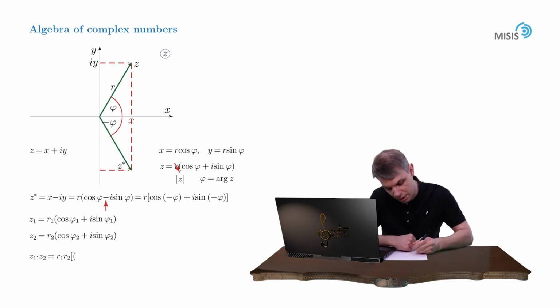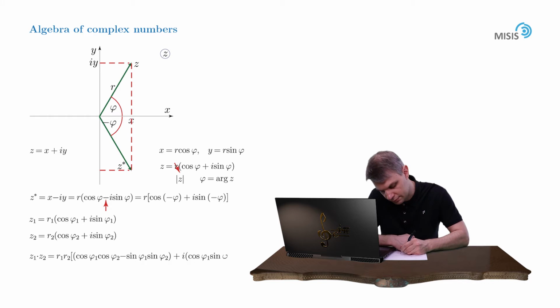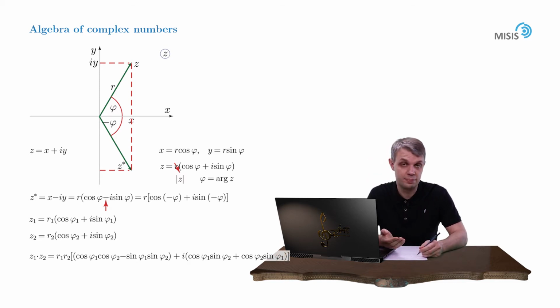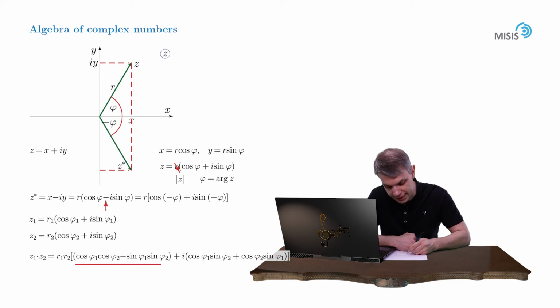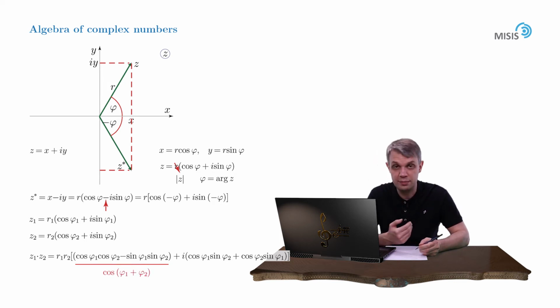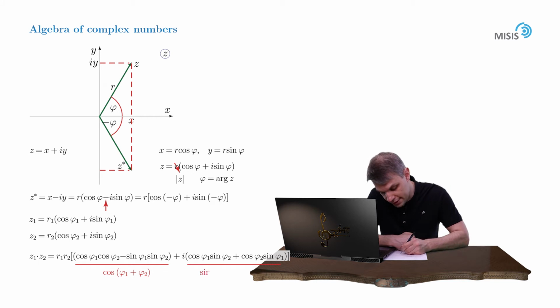And we see that in the braces we obtain the following combinations of cosines and sines. And we see that the real part of the obtained number can be combined into a formula familiar from trigonometry. It's simply a cosine of phi 1 plus phi 2, while the imaginary part can be organized into sine of phi 1 plus phi 2.